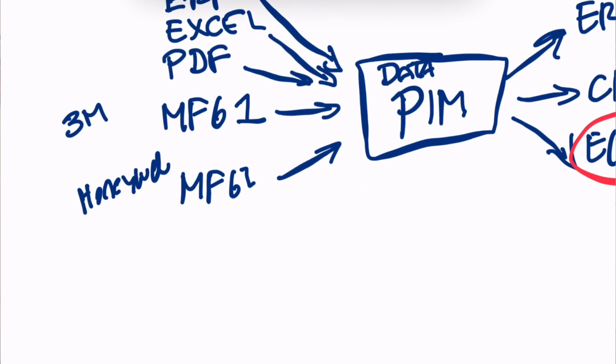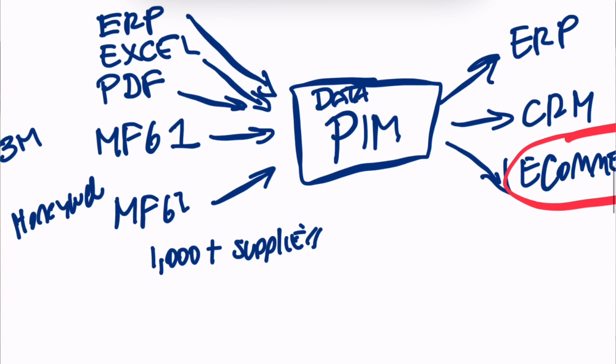Manufacturer 3, and then a distributor often might have hundreds or even thousands of suppliers or manufacturers. So they need to get data from their manufacturers into the PIM.